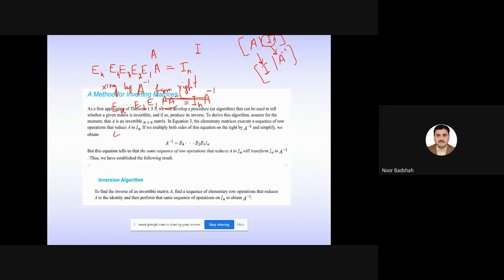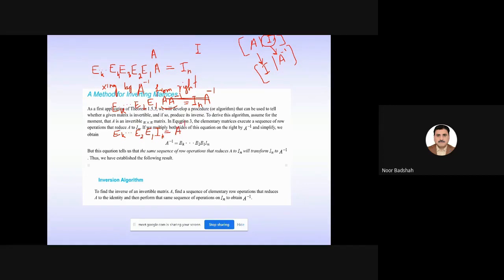So you see Ek, E2, E1, and then we get identity matrix here, because a matrix multiplied by its inverse gives you identity matrix. And then we have here A inverse, because A inverse multiplied by identity matrix is the same A inverse.